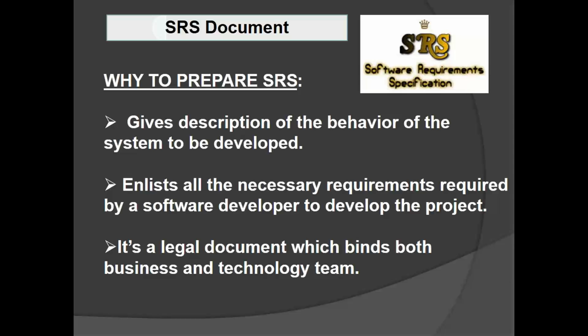In this document, we are going to explain all functionalities, but in brief, not in detail. This document is prepared as per the standards of IEEE 830. It contains all requirements that are required for a software employee to develop a project or a software.